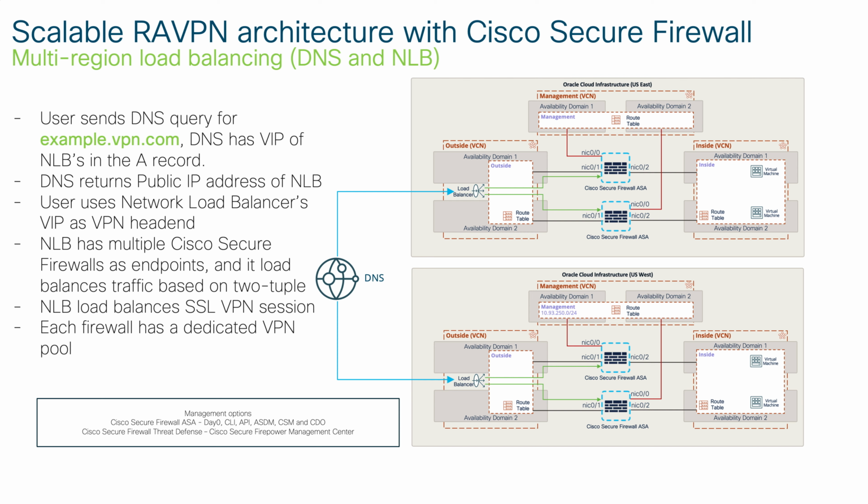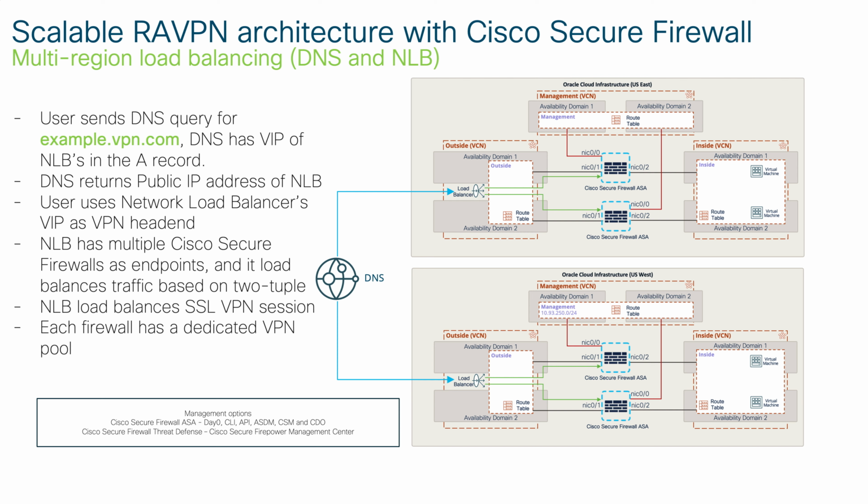So a user on the internet will try to access example.vpn.com, and that request will be resolved by the DNS server. In return, the DNS server will reply back with the IP address of the NLB. So it can give me the IP address of the NLB in US East or US West.